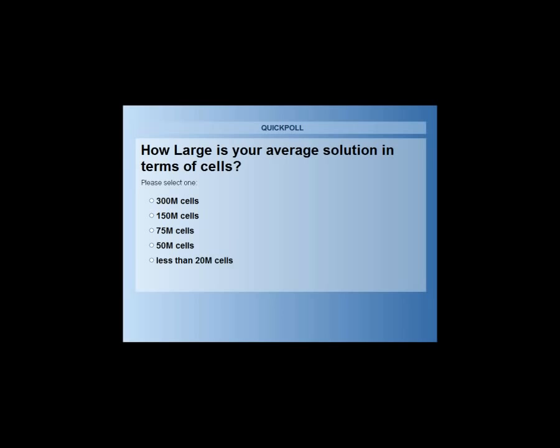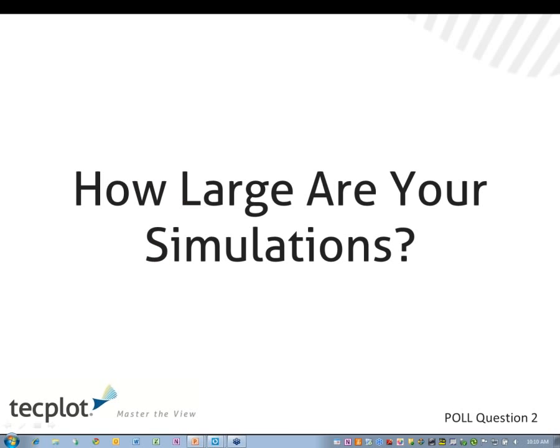About 57% of folks have voted. We're waiting until we get to about 75, and then we'll show you the result. If you haven't voted, now's your opportunity. We're going to close the poll.